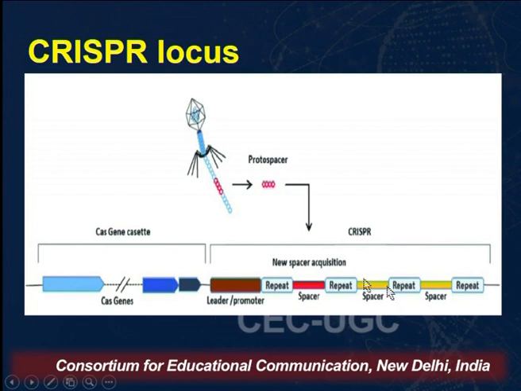These spacer sequences are variable sequences, and they are basically the memory of any exogenous DNA that has been introduced into the cell. For example, when a bacteriophage introduces its DNA, a short segment of this DNA is retained as a spacer in between these direct repeats and stays as a memory. So, this is how the CRISPR-Cas loci look.